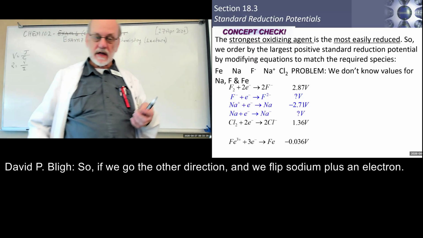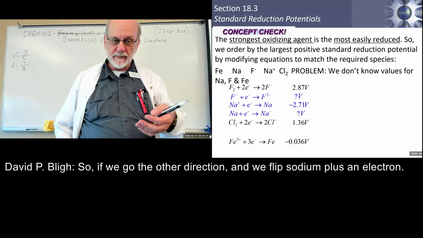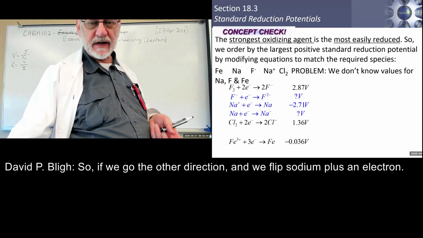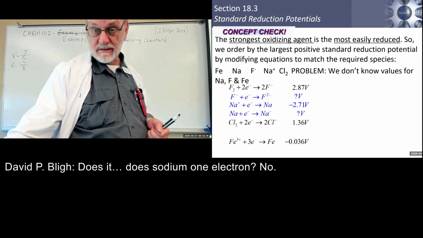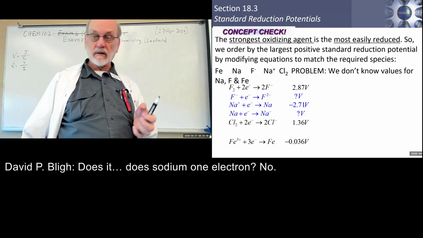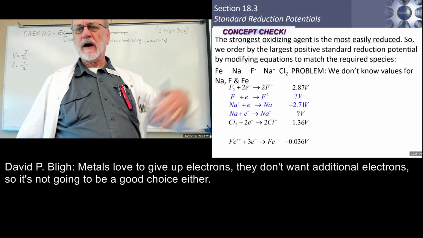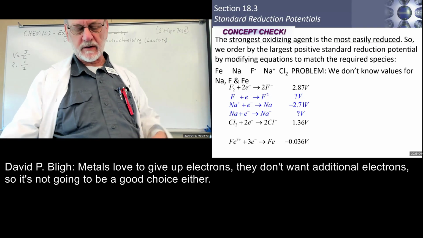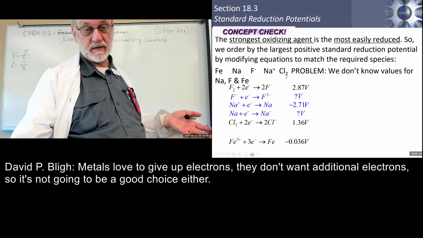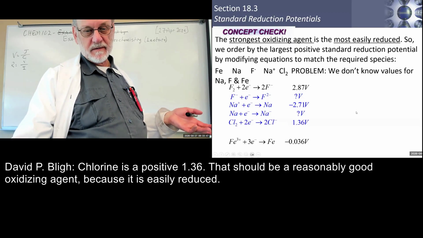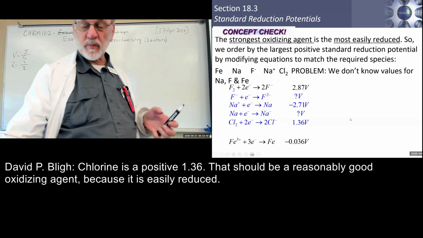So if we go the other direction and we flip sodium plus an electron, does sodium want an electron? No. Metals love to give up electrons. They don't want additional electrons. So it's not going to be a good choice either. Chlorine is a positive 1.36.